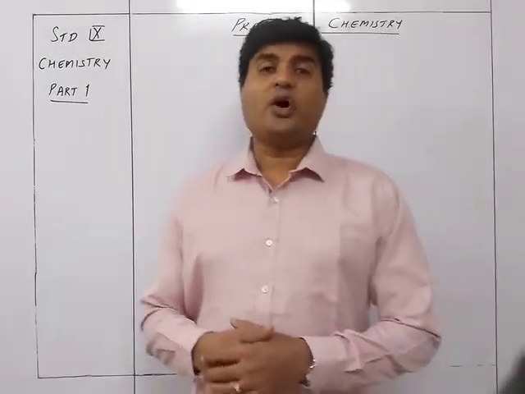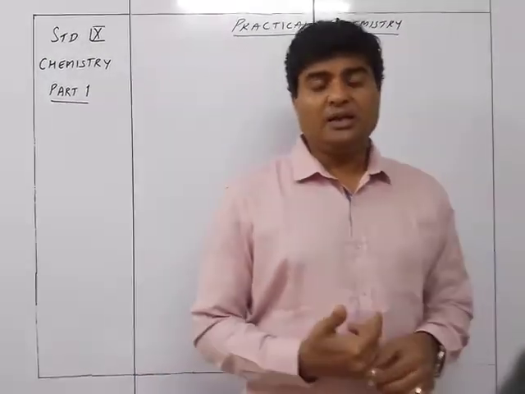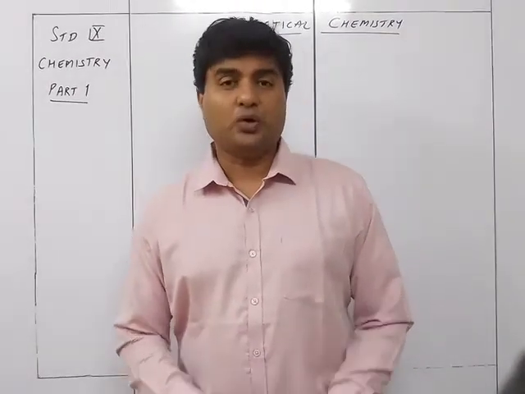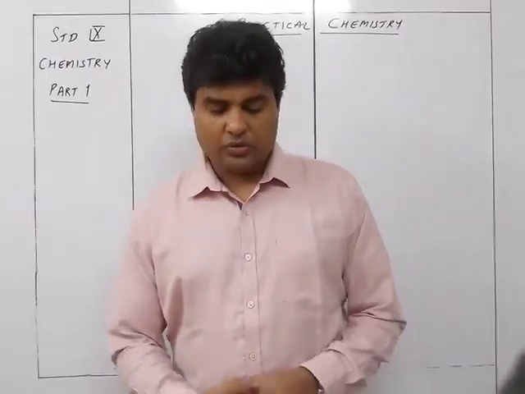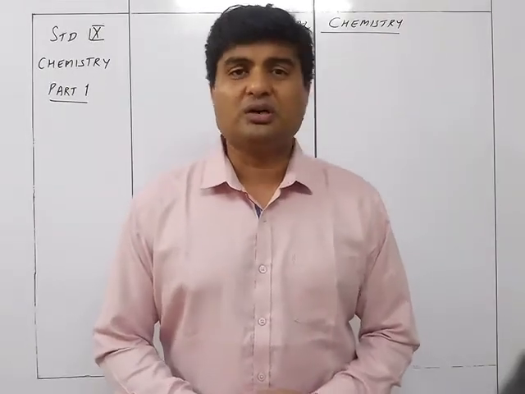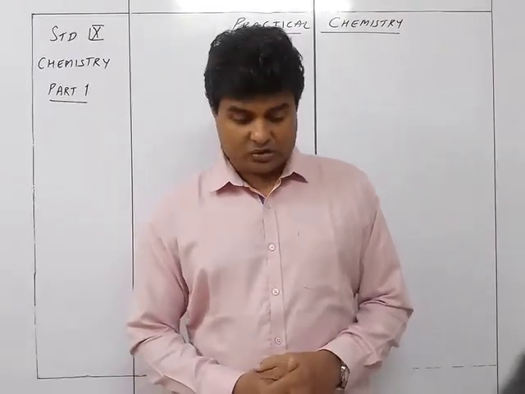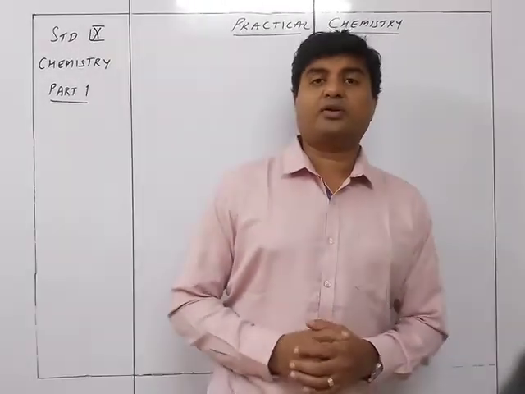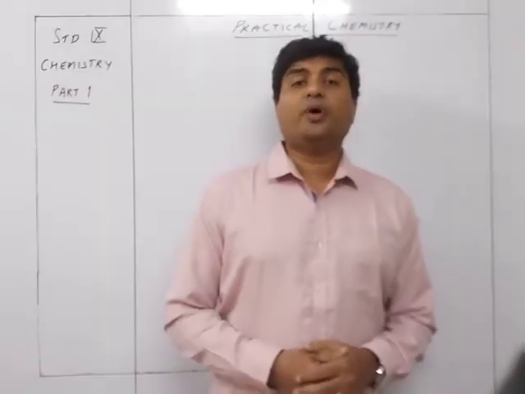The next test is for hydrogen chloride, HCl. Hydrogen chloride is colorless but the odor is pungent, and of course it is going to turn blue litmus red. But the main test for hydrogen chloride is with the help of ammonia.